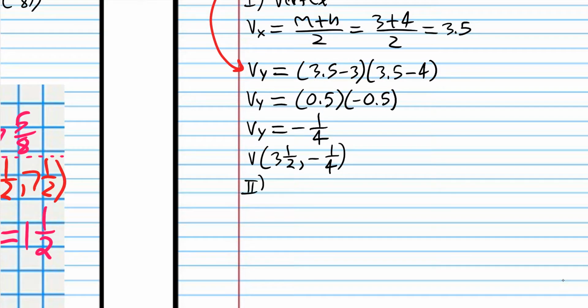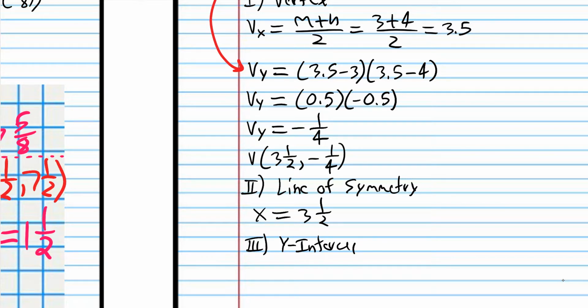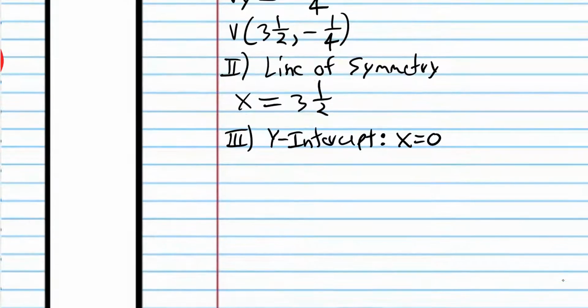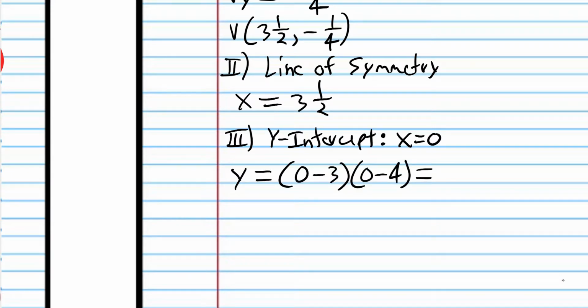Step 2, to find the line of symmetry. And that's going to be x is equal to the x value of the vertex. Step 3 is to find the y-intercept. And to do that, of course, we let x equal 0. So y is equal to 0 minus 3 times 0 minus 4, which is equal to positive 12.